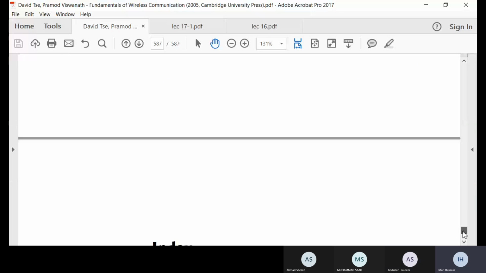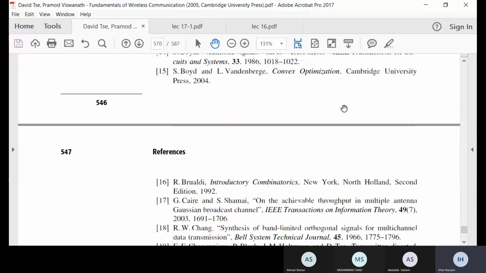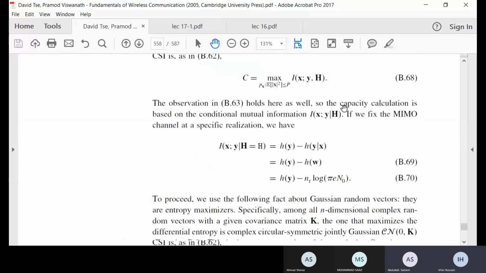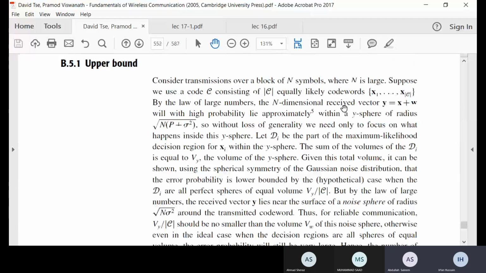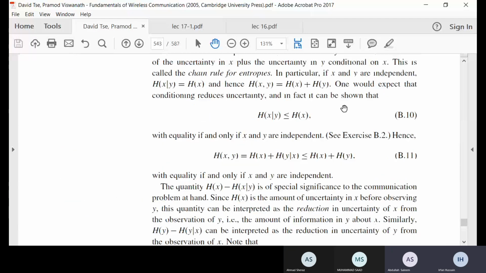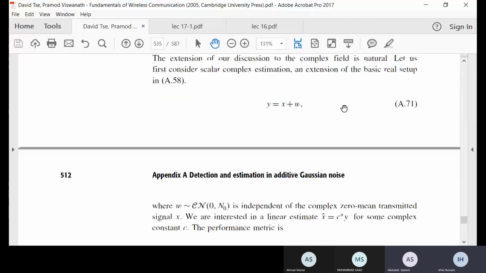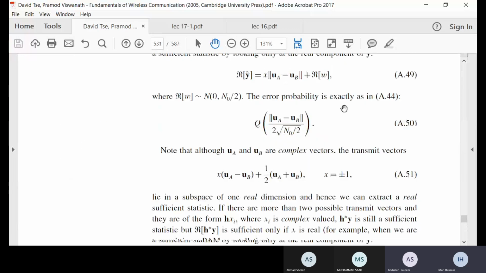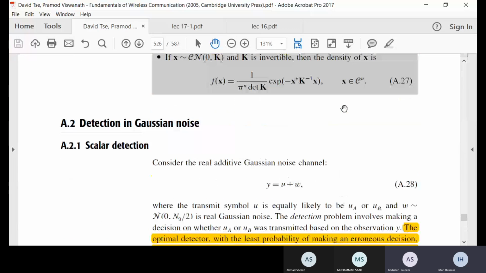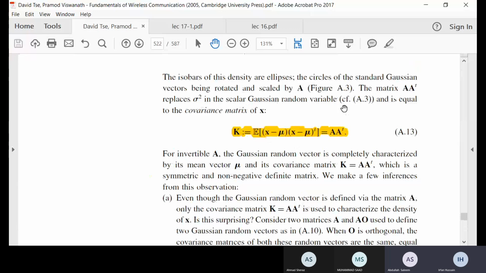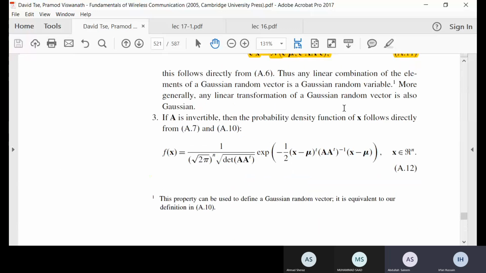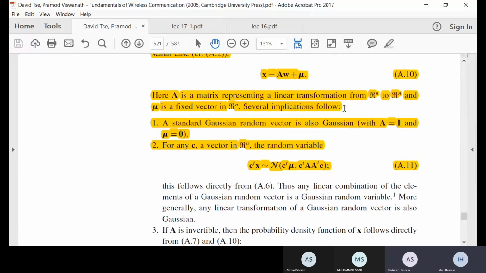You can see we also saw it in the appendix.